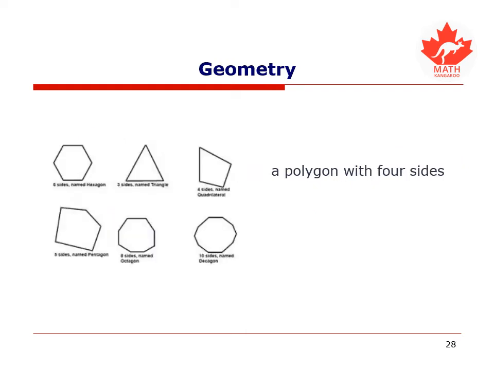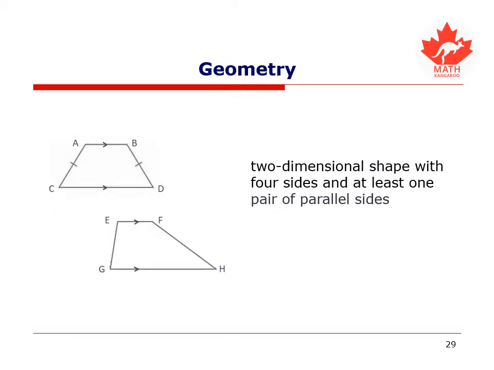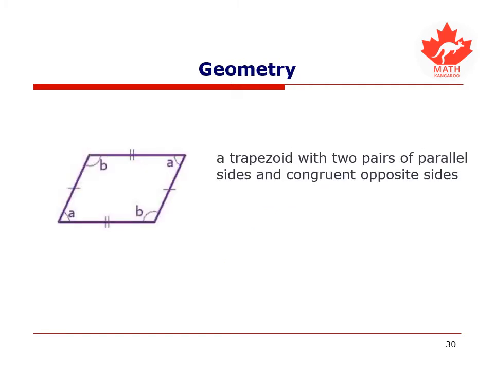A polygon with four sides. Quadrilateral. Two-dimensional shape with four sides and at least one pair of parallel sides. Trapezoid. A trapezoid with two pairs of parallel sides and congruent opposite sides. Parallelogram.